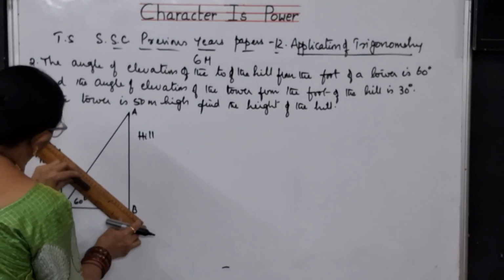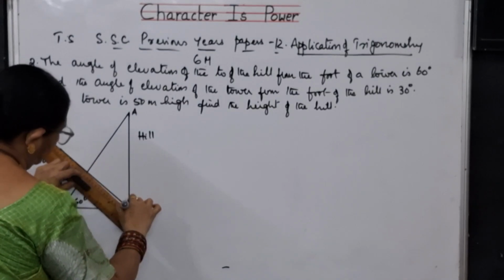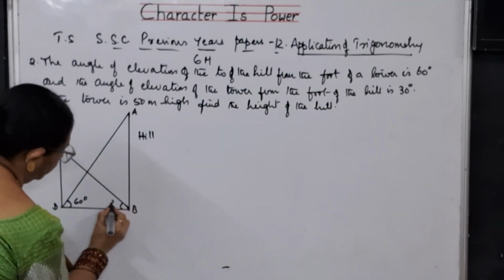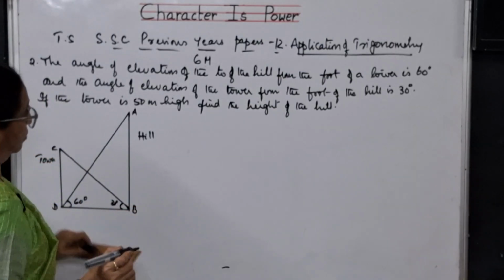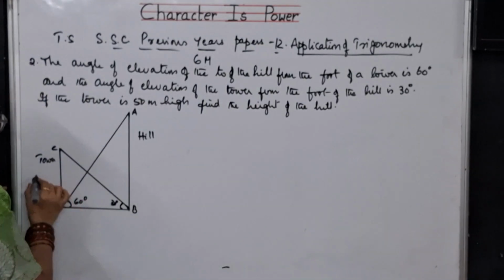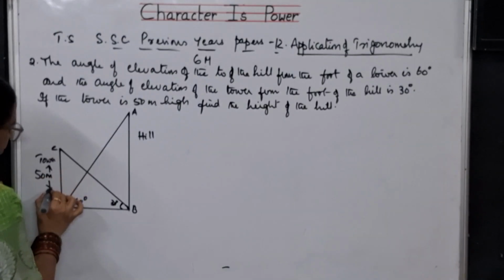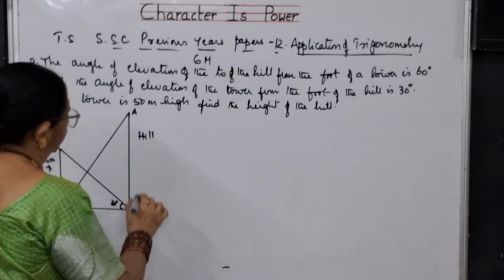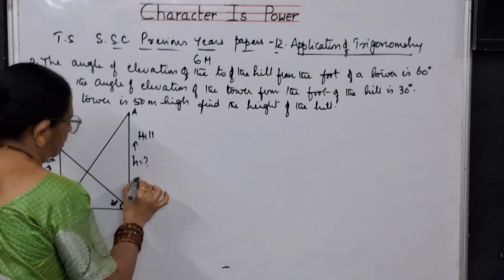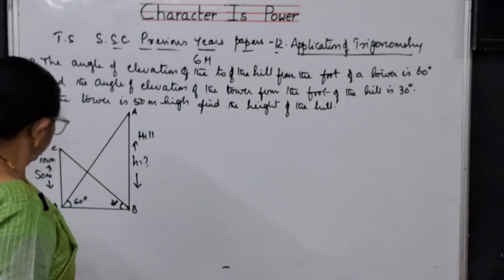So from the foot of the hill, this angle is 30 degrees. Now, if the tower is 50 meters high, find the height of the hill. What is the height of the hill they are asking?